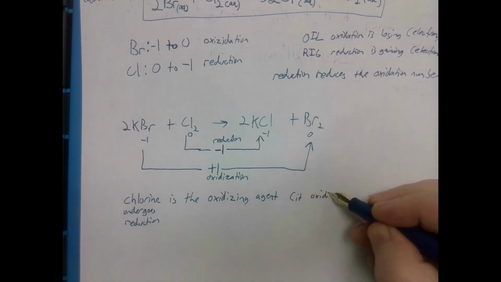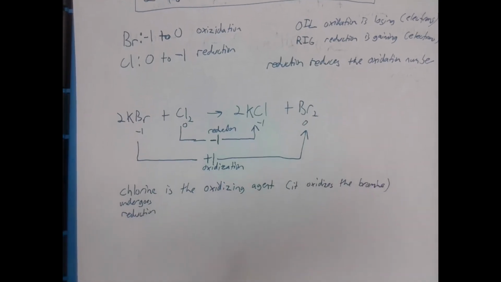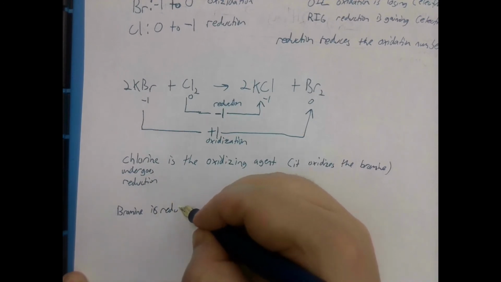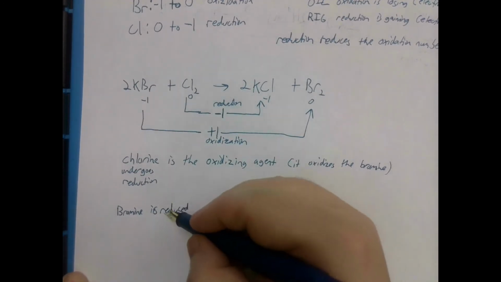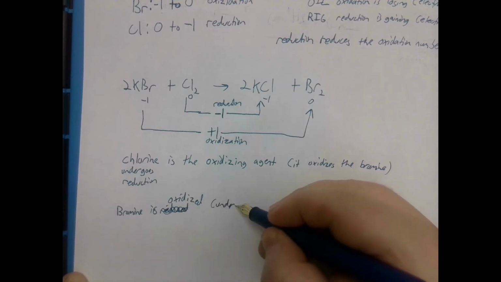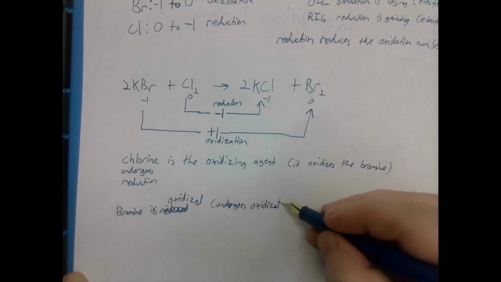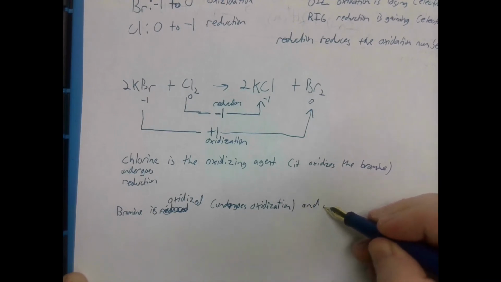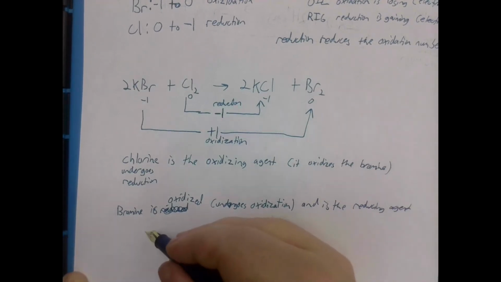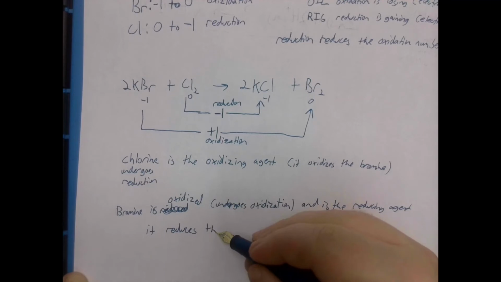It oxidizes the bromine. Bromine is oxidized. Bromine undergoes oxidation and is the reducing agent. It reduces the chlorine.